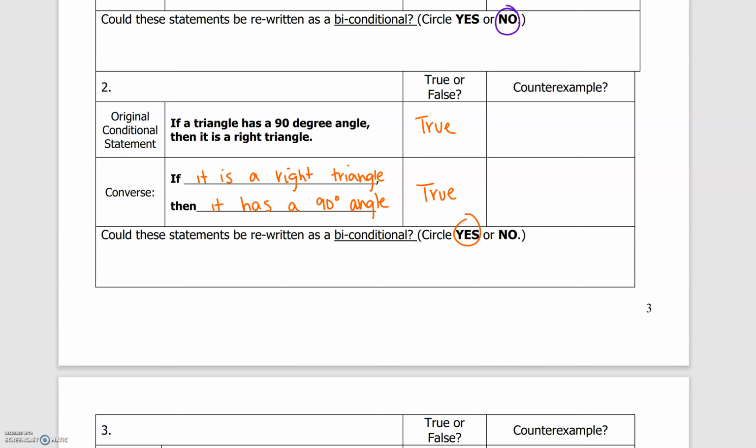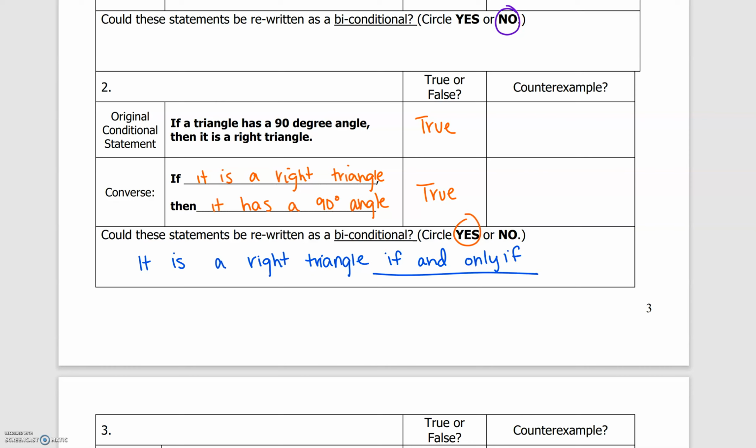So we are going to write, it is a right triangle, and it doesn't matter whether you put the hypothesis or the conclusion first, because it can go both directions, as we saw up here with the original and the converse, which is why you can add the if and only if in the middle there.